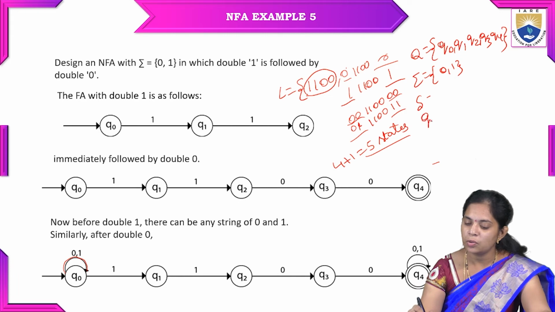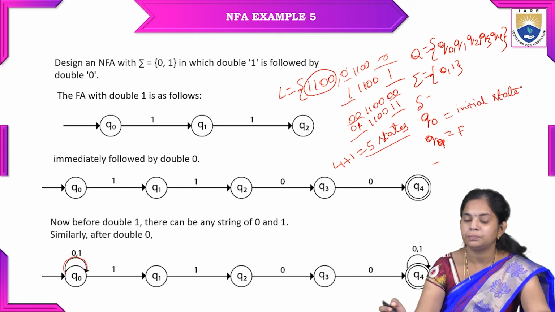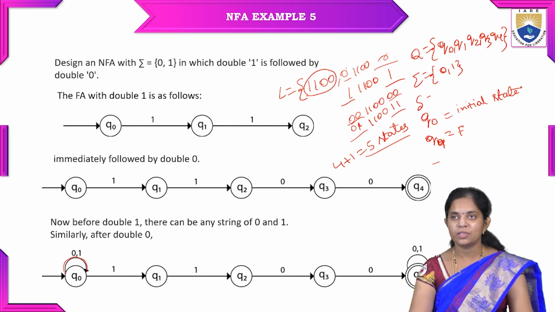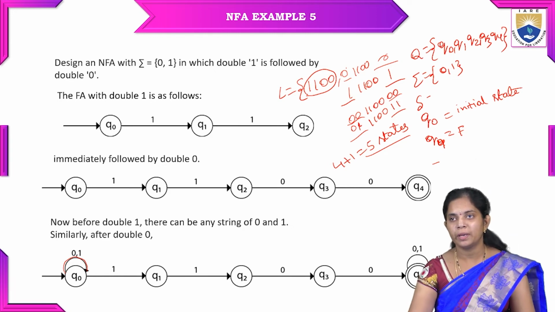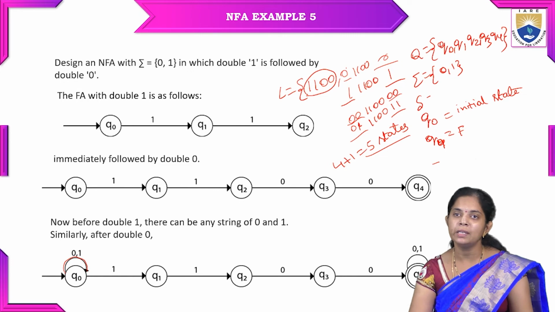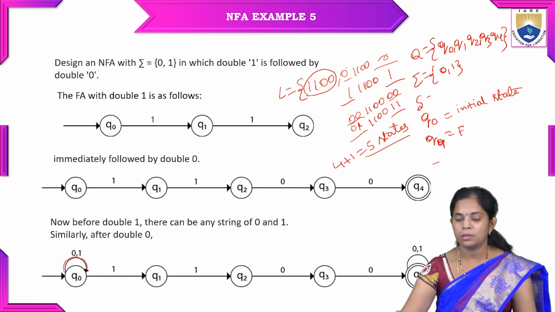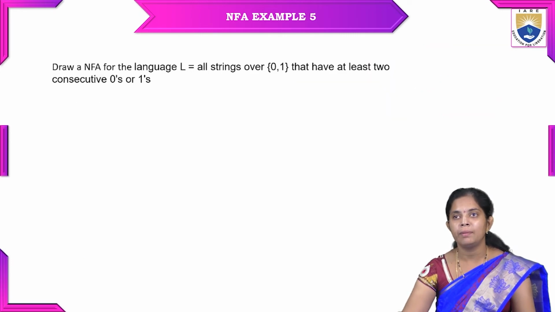Q0 is the initial state and the final state is Q4. So like this, the construction of the NFA is followed by 0s or 1s followed by double zeros. And next example.